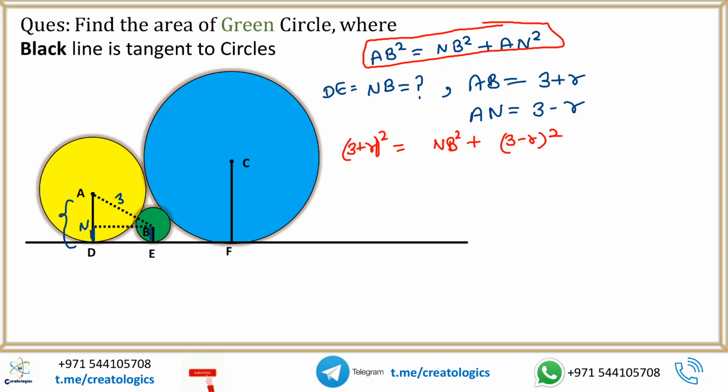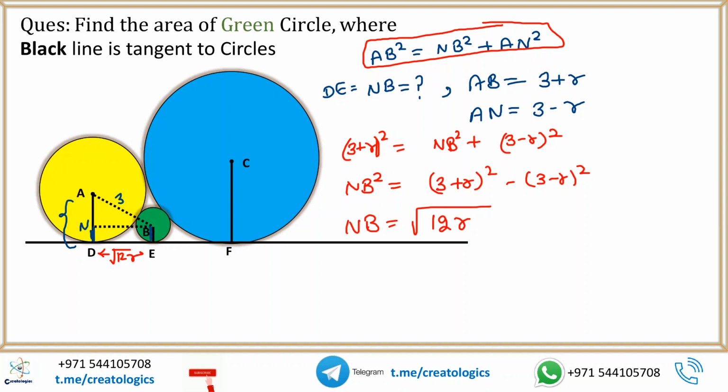Now we need NB squared, which is 3 plus r whole squared minus 3 minus r whole squared, and using the a plus b whole squared and a minus b whole squared identity, the value of NB will come out as 6r plus 6r, which is 12r inside the square root. So from this we got the length DE is square root of 12r and length EF is square root of 24r.